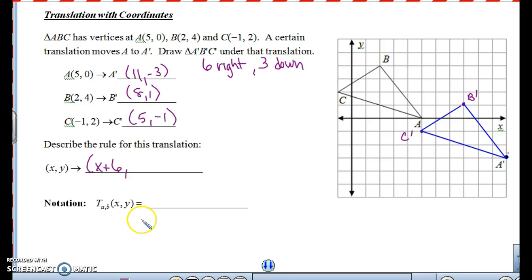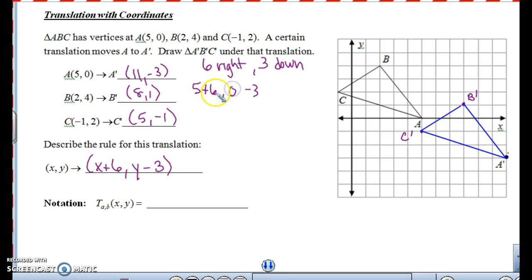And then the y moved 3 down, because up and down is the y-coordinate, so it would be y minus 3. So this rule, if we apply it to the coordinate here, for example, (5, 0) to (11, -3), that would be 5 plus 6, 0 minus 3. Excuse me, wrong point.